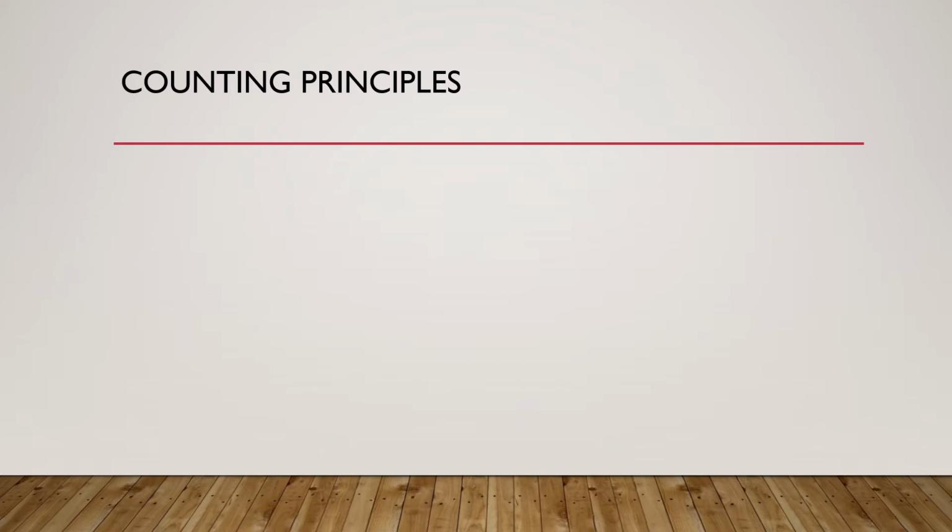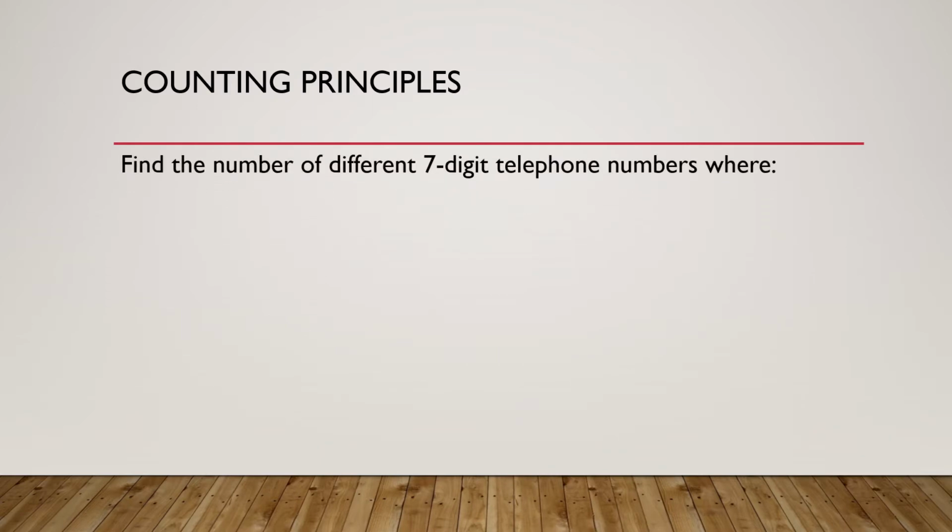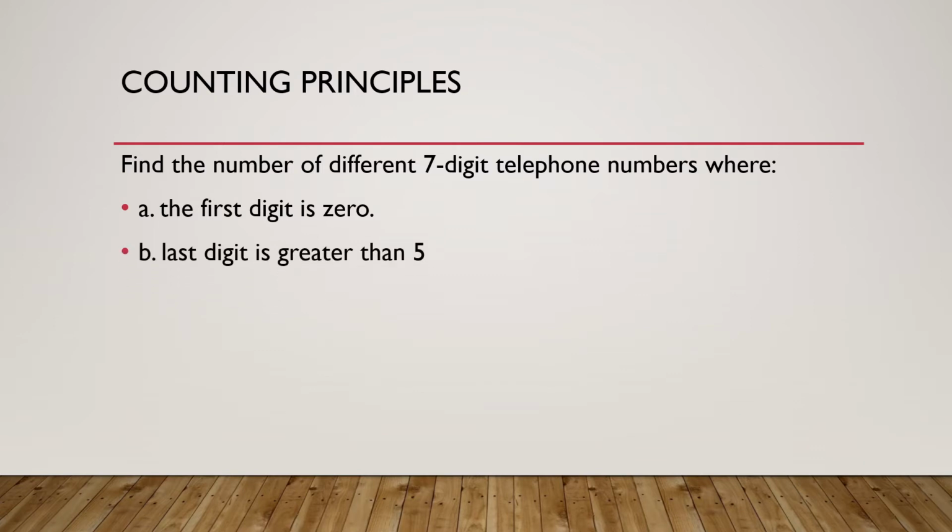Okay, next example. Find the number of different 7-digit telephone numbers where first, the first digit is 0, and second, the last digit is greater than 5. We'll first answer the first problem.